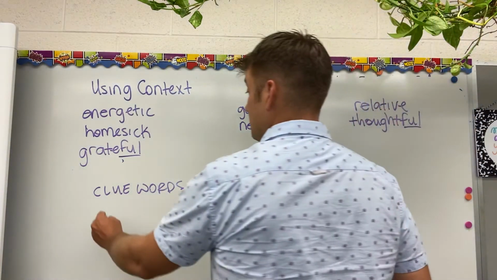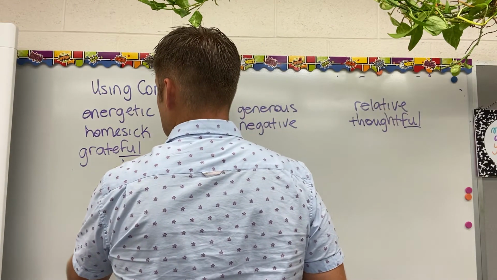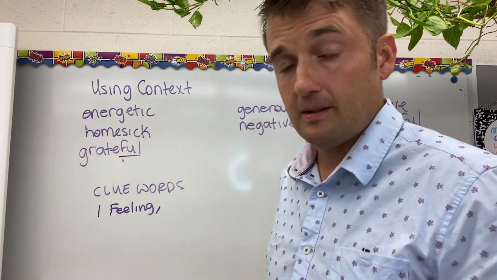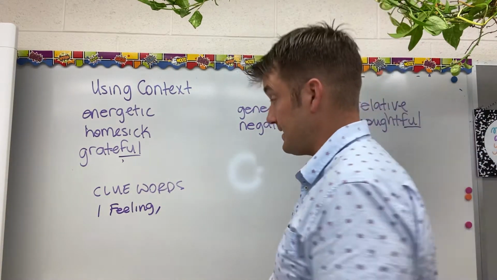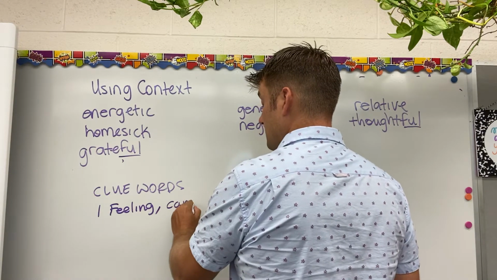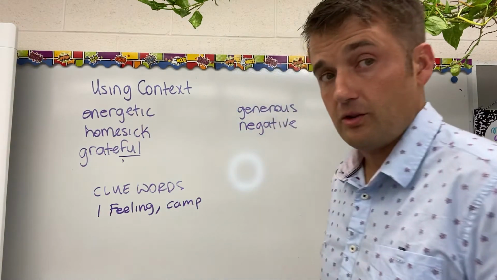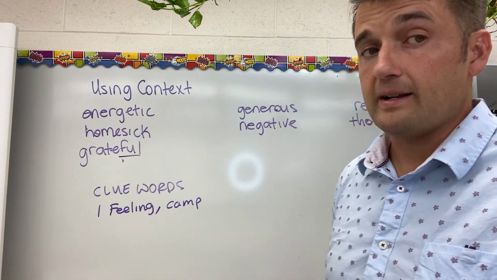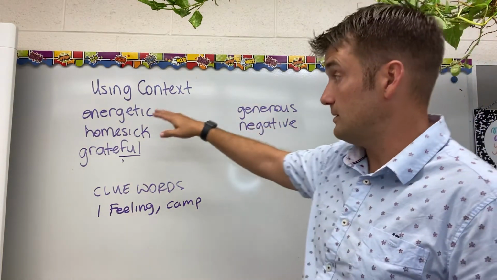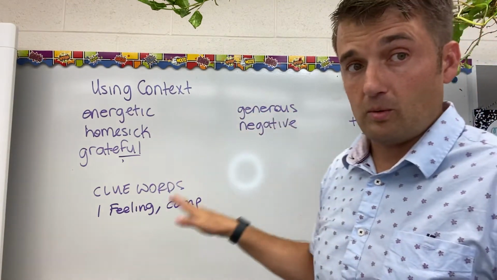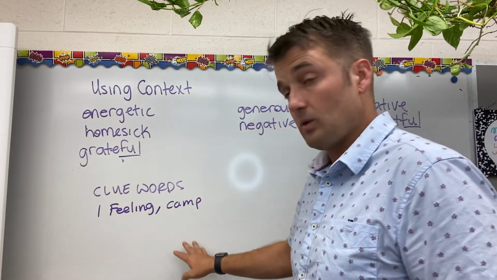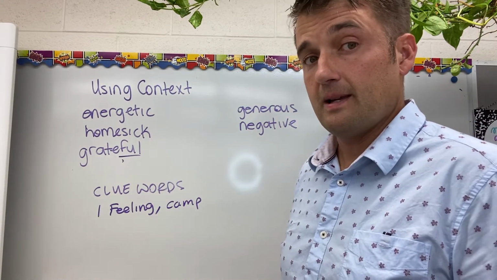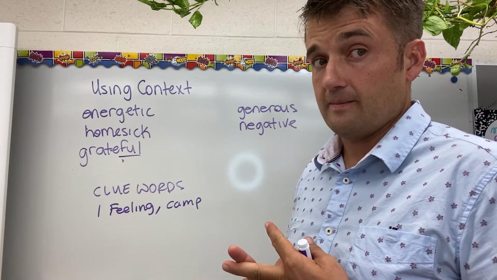Okay, so one, it's a feeling. That's a clue. And another clue is that he's at camp. Okay? You don't write the clues down. You are writing one of these words in the blank for number one. But I'm telling you that these words can help you figure it out. Okay? So he's away from home and it's a feeling.